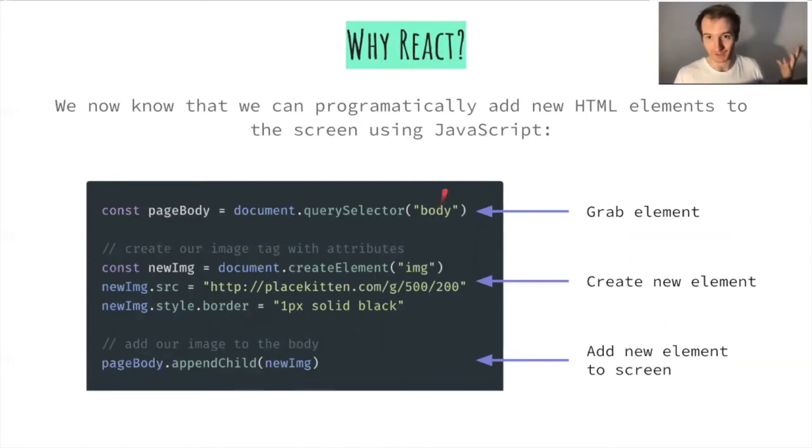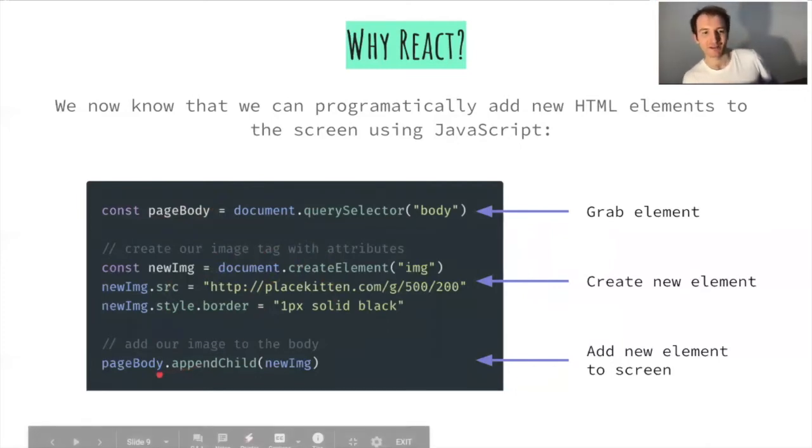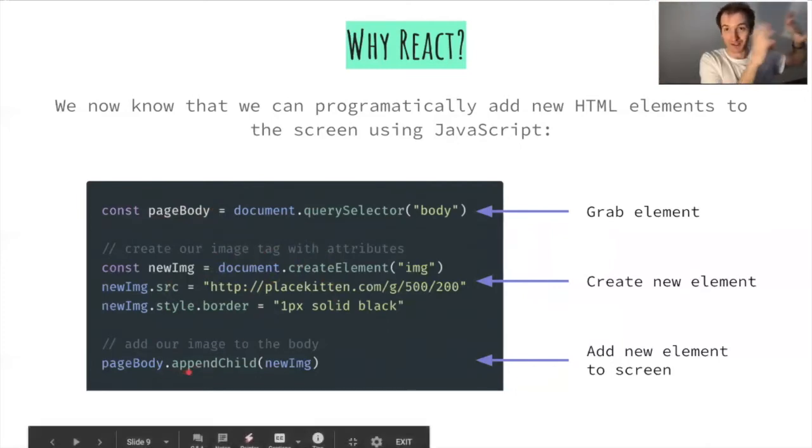So we could do something like this. We talked about element selectors, we talked about the document object, we talked about DOM manipulation, creating elements. We could have lots of lines of code like this. So we can create a new element, we can add some properties onto the element, we can grab hold of an element on the screen, and we can append this new element onto the element on the screen, and that works.